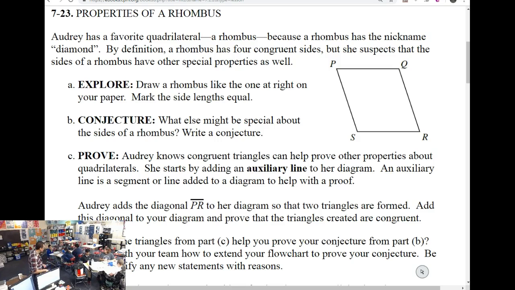Okay. Let's prove, let's test our conjectures. Cut it diagonally.